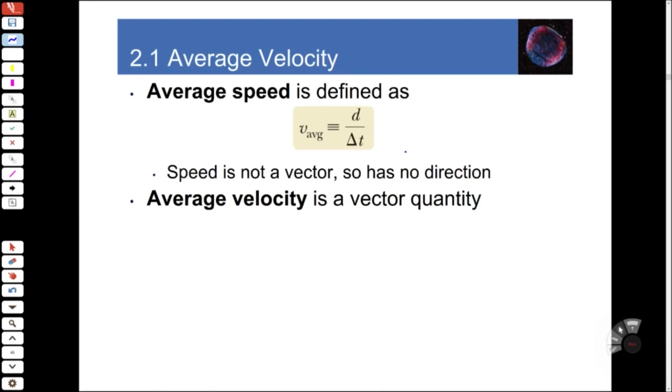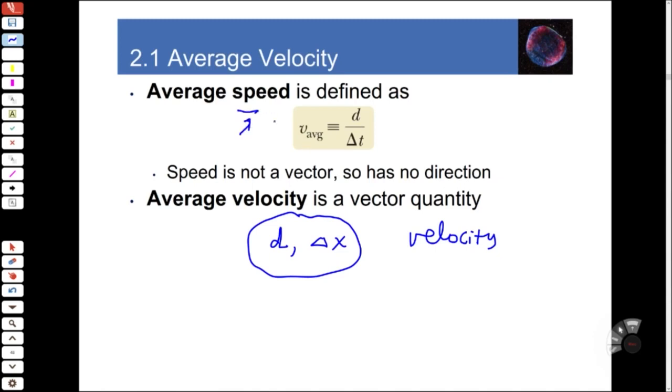Now, given a distance or displacement, you can define a very important quantity called velocity. It means how fast the particle is moving. Average speed is a scalar quantity, d divided by delta t.